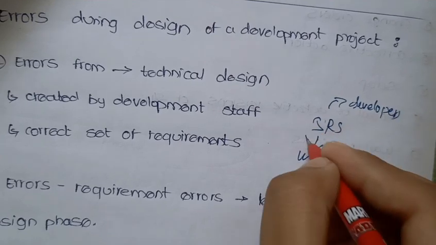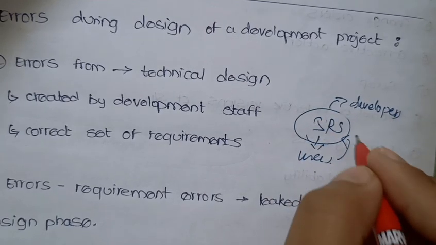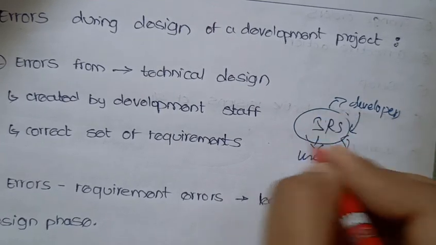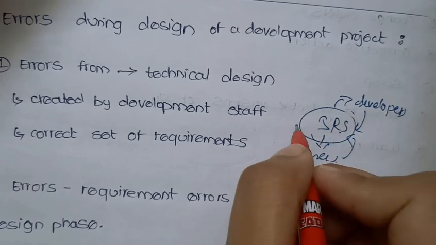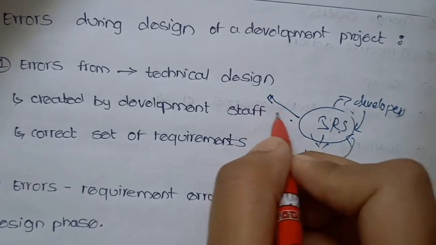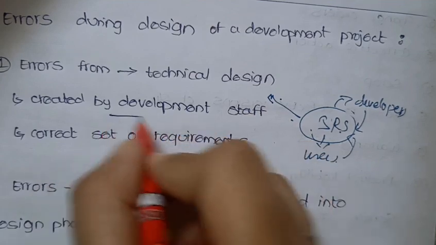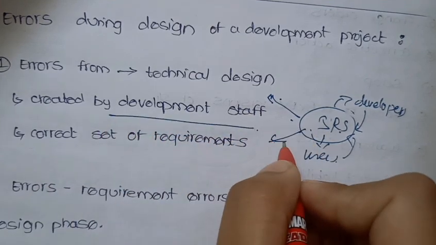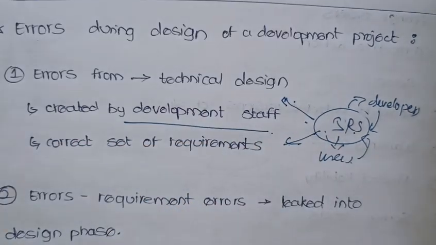So users have given these requirements, and developers have developed an SRS for understanding the requirements and analysis. They have developed a technical design from this SRS, and these are a correct set of requirements. Although this is a correct set of requirements, there may be some errors in the technical design.